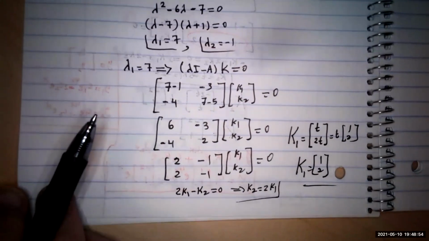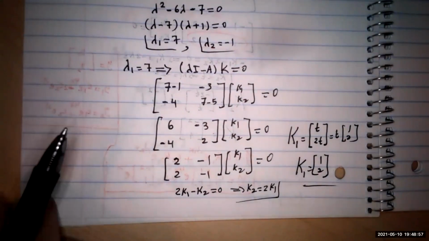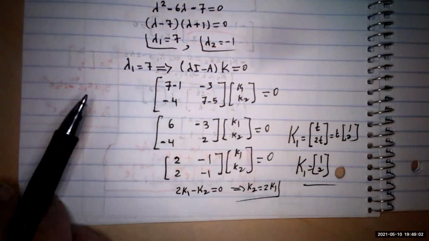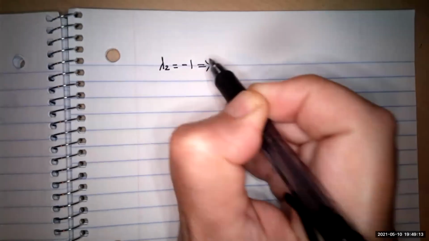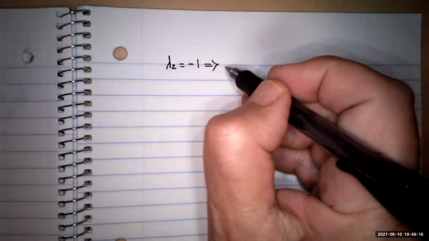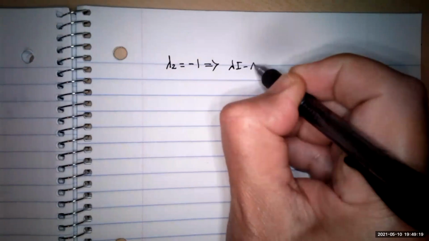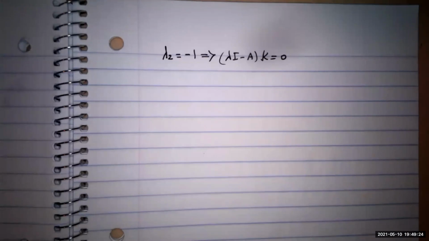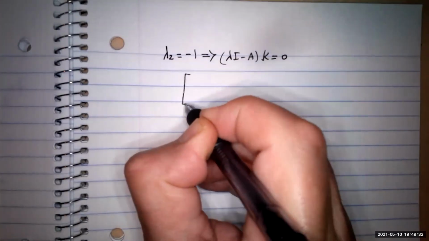So we go on, we do the same thing. That was lambda 1 equal to 7. We get lambda 2 equal to -1. So lambda minus A times K equal to 0, and we go and check the determinant.